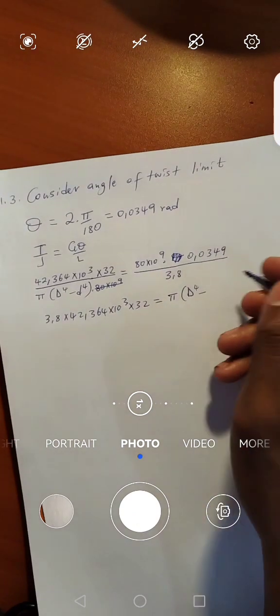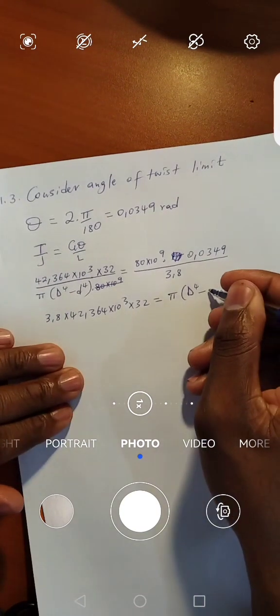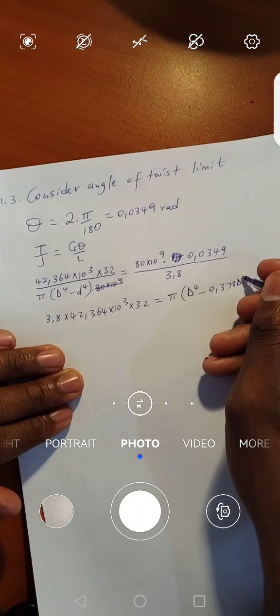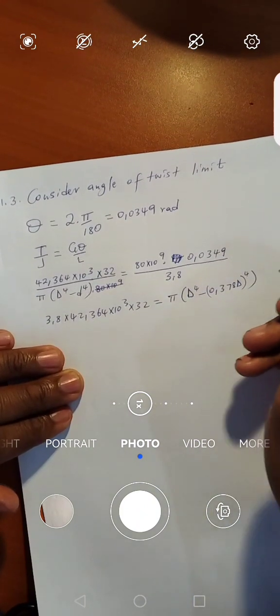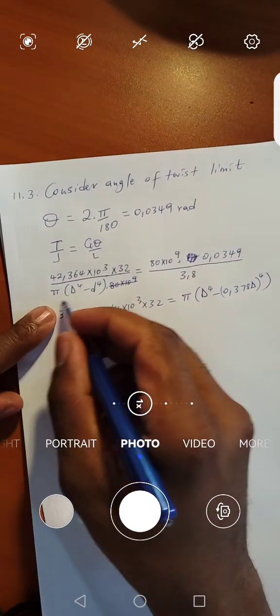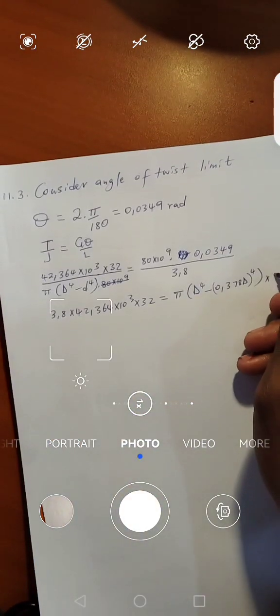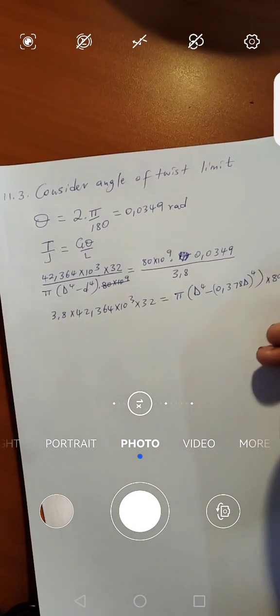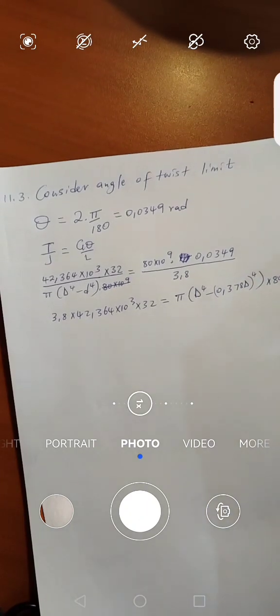Small d equals what? 0.378 d. All this to the power 4 is this part here. So I just took this part to there, then it's going to find 80 there, 10 to the power 9 multiplied by 0.0349.